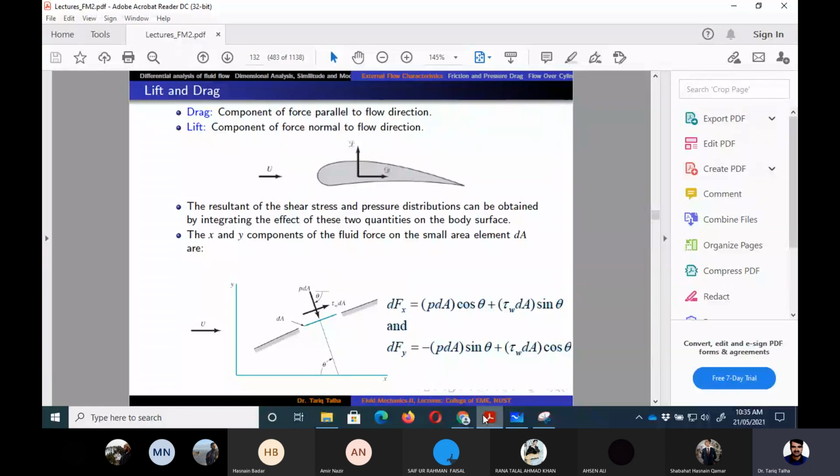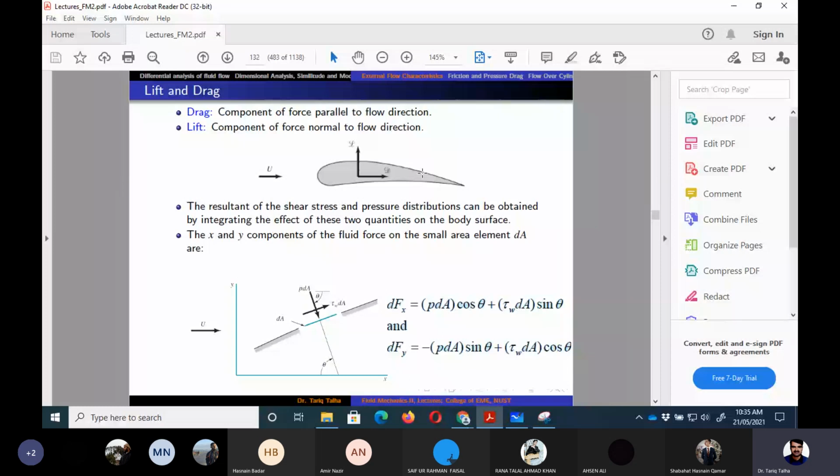There are certain characteristics of flow which we need to determine, discuss and analyze in the case of external flow. Two major characteristics are lift and drag force. This is just a brief recap of the last class.